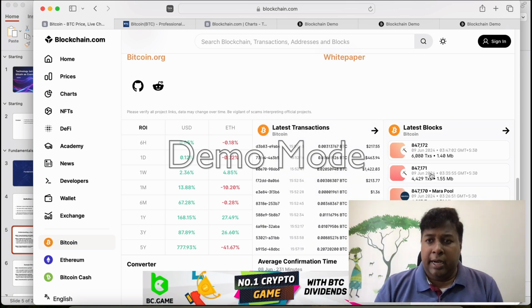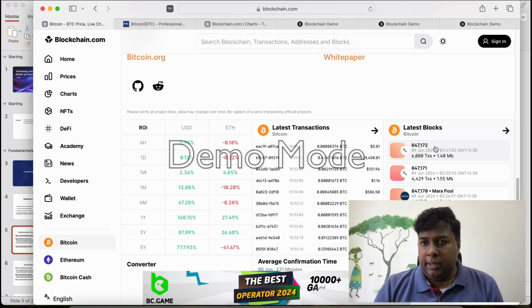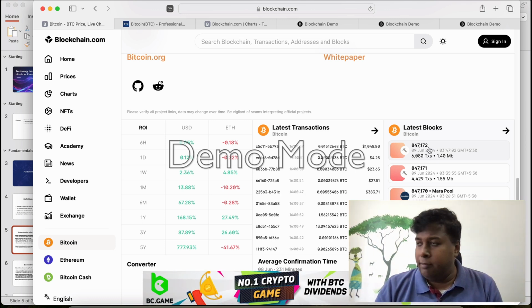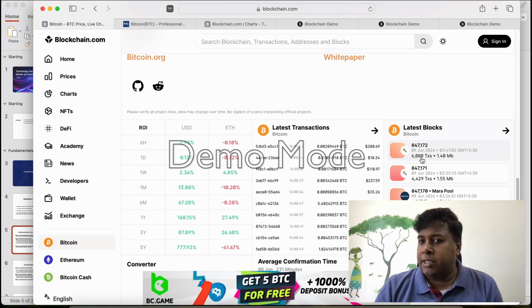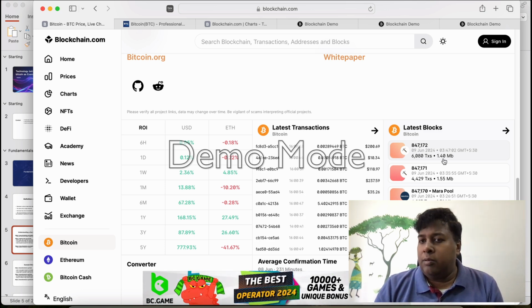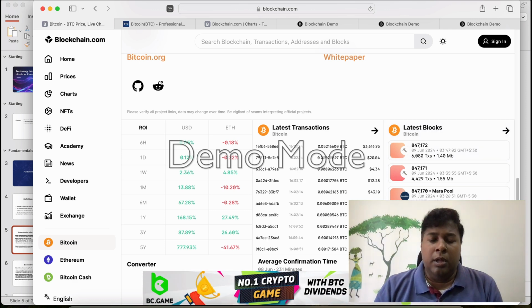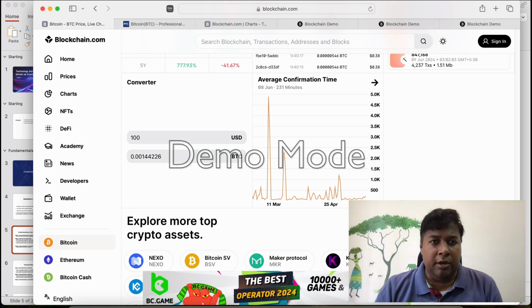These are getting bunched as a block and then put here. If you look at the latest block, 847,172, you can see that 6,080 transactions are bunched together in 1.4 MB, and that is how it got added. Okay, so that is the important information here.